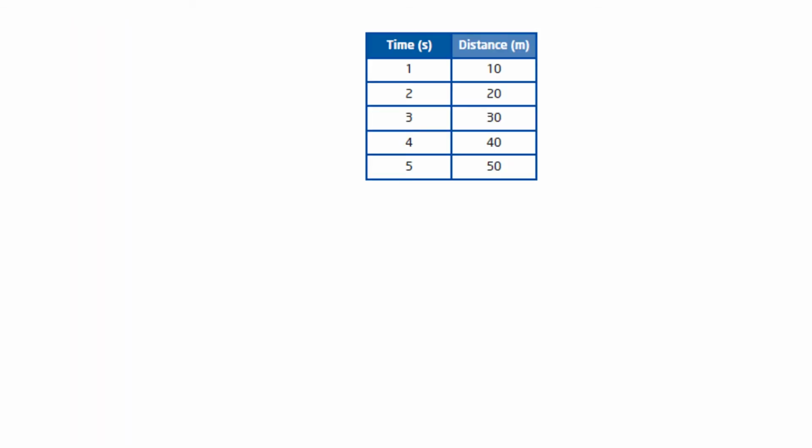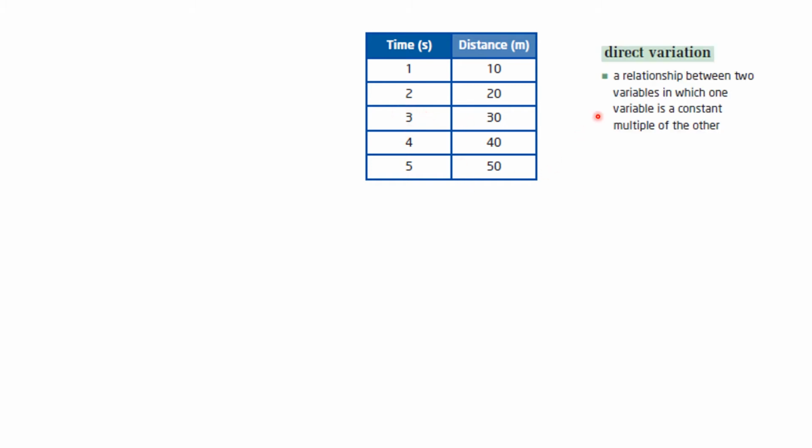So here's another example of direct variation. Do you see the connection between the x's and the y's? How do I get from a 1 to a 10? Is that the same thing I do to get from a 2 to a 20? The same math I'm going to have to process to get from a 3 to a 30? Direct variation is a relationship between two variables.